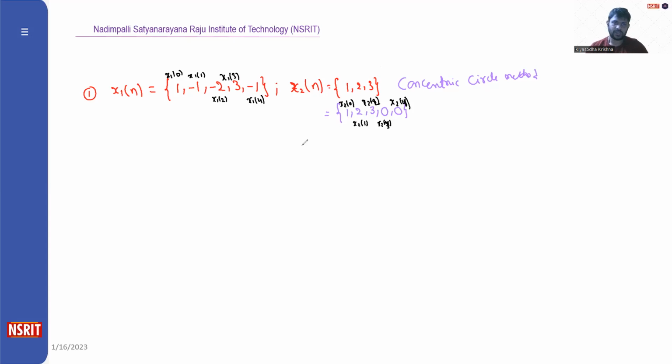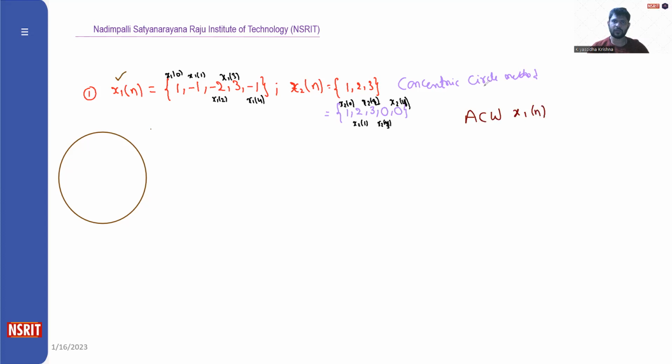First we arrange one circle. In that circle we consider x1 of n, and x1 of n must be arranged in an anti-clockwise direction.